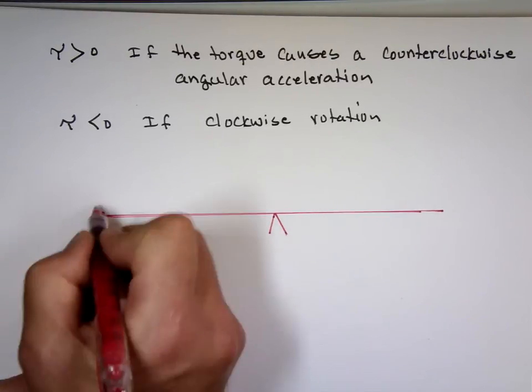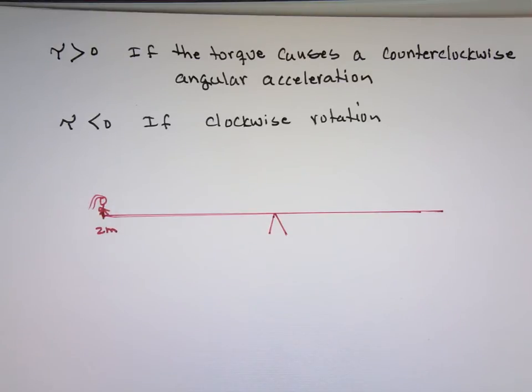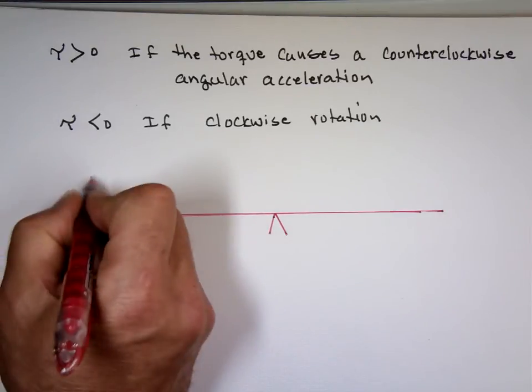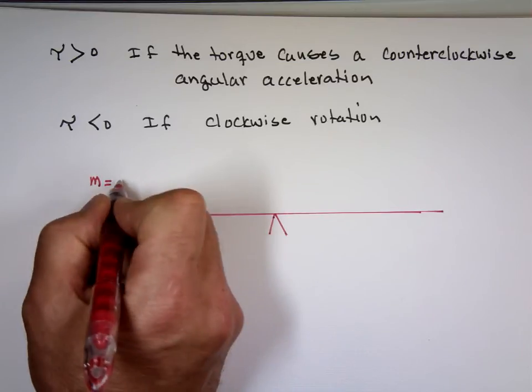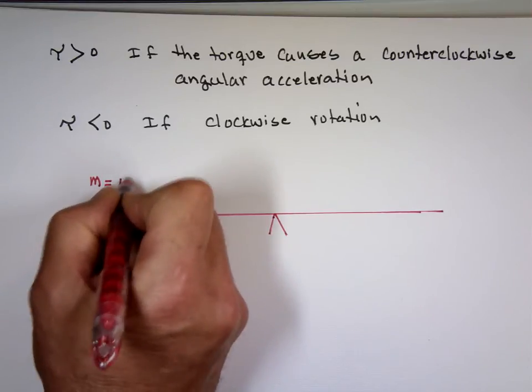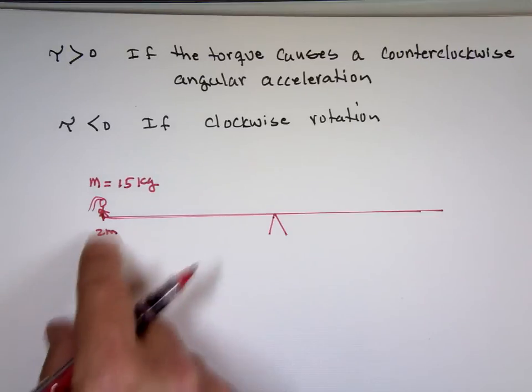And you put your little nephew or niece here. And let's say the mass of your nephew or niece is 15 kilogram, about 35 pounds. The whole thing's 4. Okay. So this is 2 meters from here.